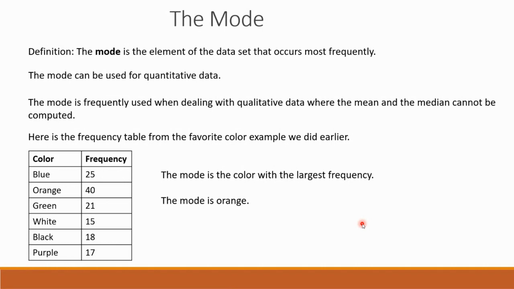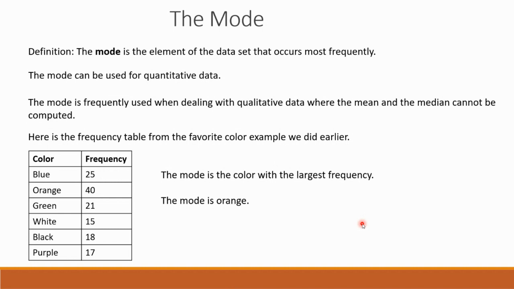Another measure of the center would be the mode. The mode is the data value that appears most frequently. Before, we only worked with quantitative data. The mode can also be used with qualitative data, especially since the mean and median generally cannot be computed then.